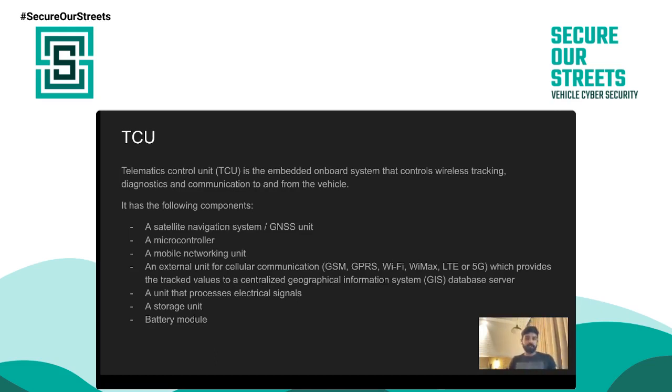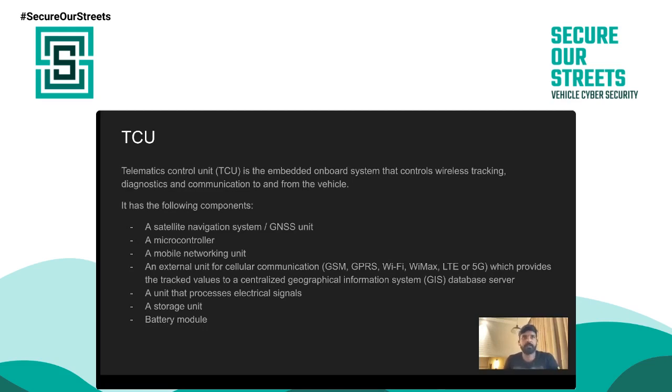So the TCU has the following components: a satellite navigation system, or GNSS unit. It also has a microcontroller and a mobile networking unit, an external unit for cellular communication like Wi-Fi, GSM, etc., and 5G. Modern cars mostly use 5G and Wi-Fi. Then comes a unit that processes the electric signals.